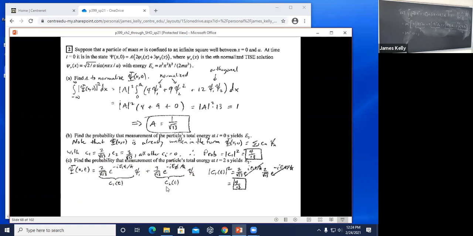And so if I literally take the question literally, we're talking about E2, so I should be calculating the magnitude of C2 of t squared, and that would be 3 over root 13 times the positive exponential times 3 over root 13 times the negative exponential, just multiplying C star times C. And of course, those exponentials cancel against each other, and I get the same number I did before.